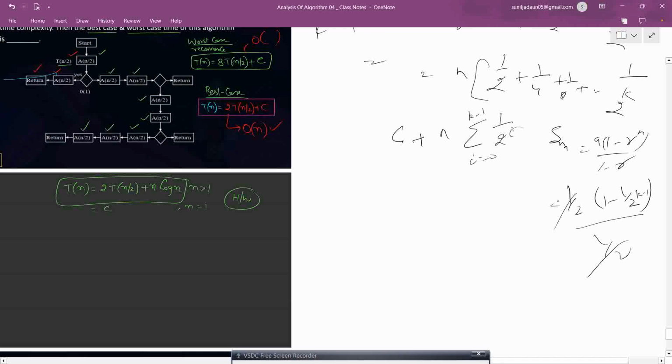This would be into 1 minus 1 by 2 to the power k minus 1. So log n minus log n minus 1.